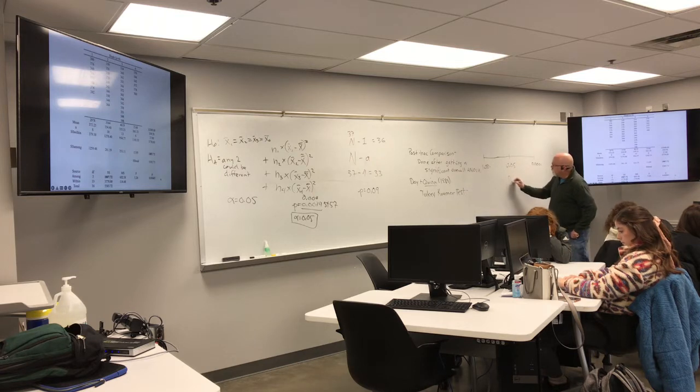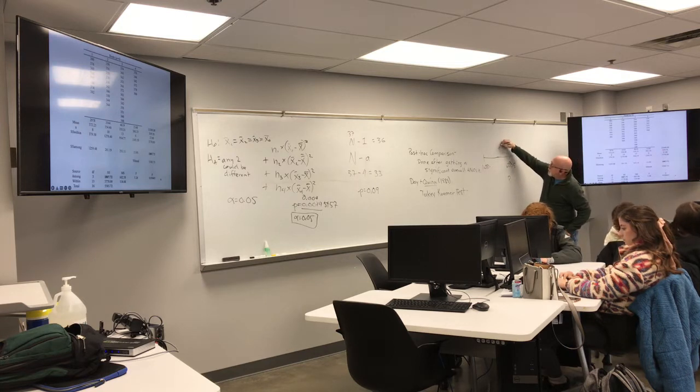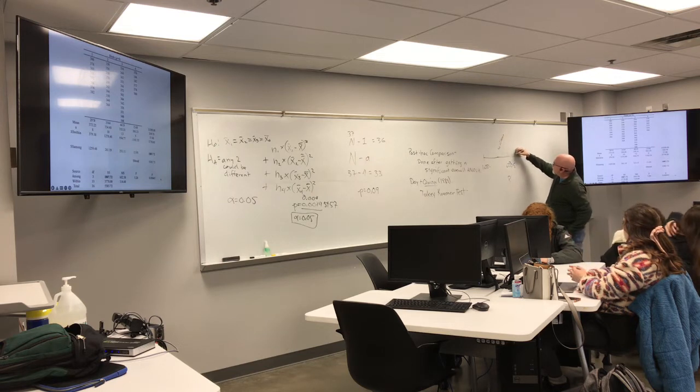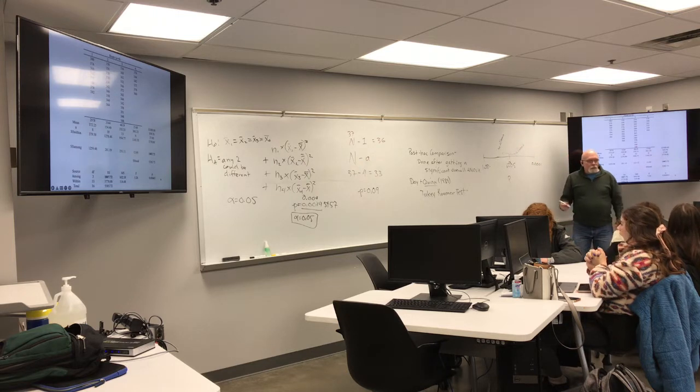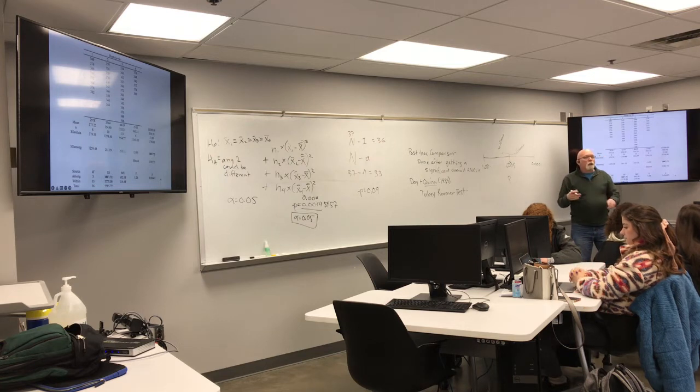So if you choose an alpha of 0.05, if you land on this side, there is no difference. And if you land on this side, then there is a difference, whatever the difference is that you're looking at. So it's a boundary. It's a threshold that you cross. That's why people call it a critical value sometimes.